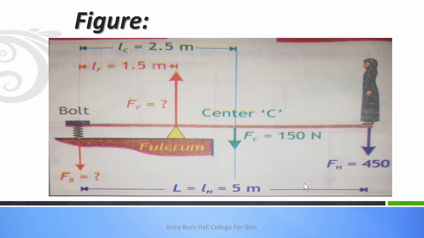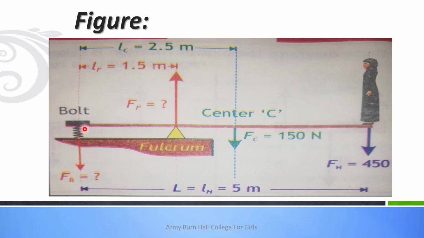Over here you can see the figure, we have a diving board and Hina is standing at this end. The weight of Hina is represented by FH, which is 450 newtons. The weight of the diving board is represented by FC, at center C. FC is equal to 150 Newton, again acting downward.